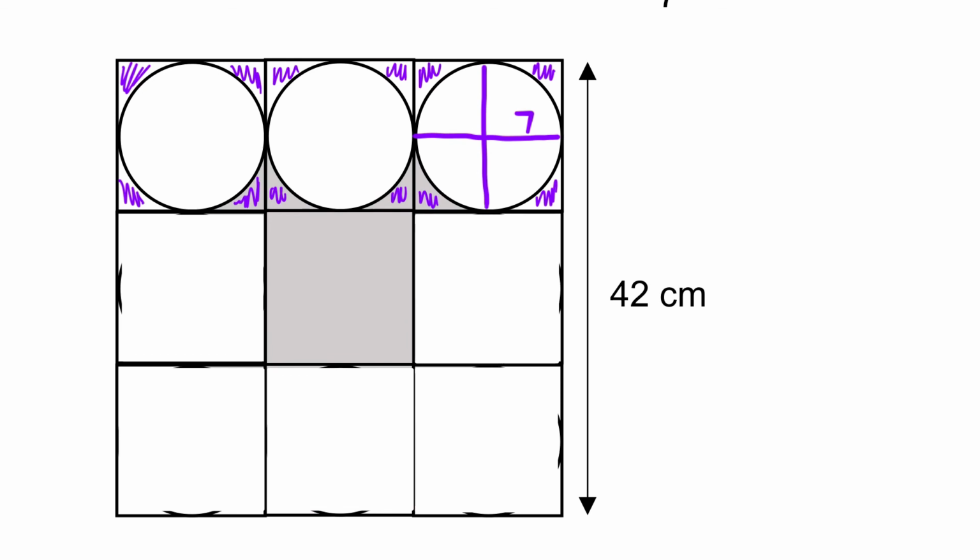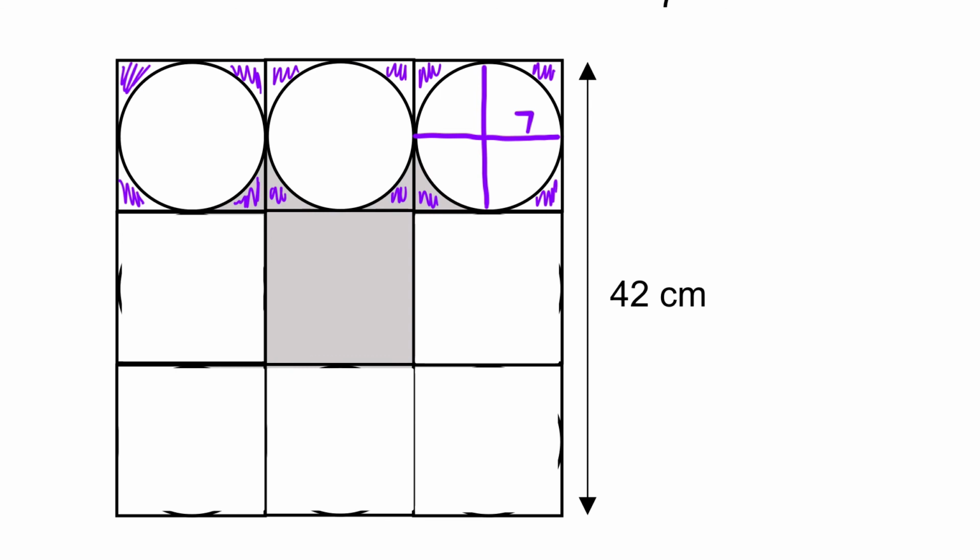Okay, now how do we find the shaded part? We just need to take the entire square, 42 times 42, the entire area of the square. We subtract 1, 2, 3, 4, 5 small squares and 1, 2, 3 circles. Then we are just left with the shaded part.